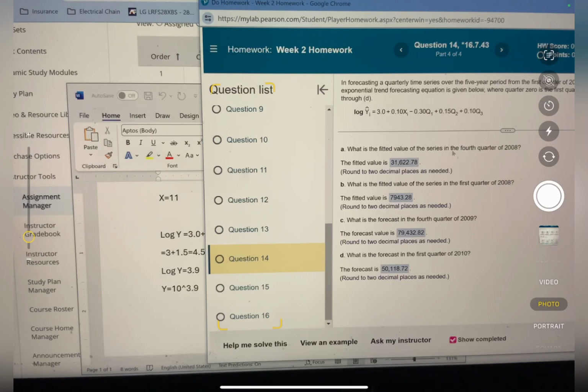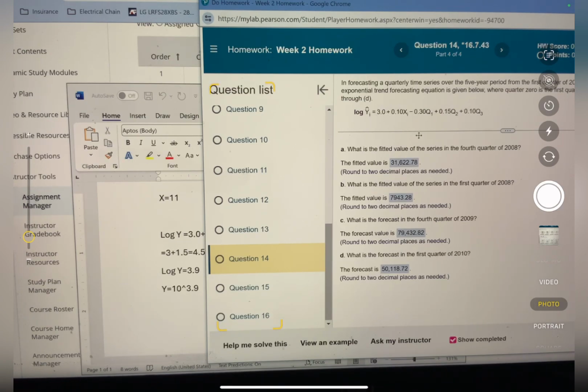Because it's the fourth quarter, Q1, Q2, Q3 are going to be 0. All you're going to do is 3 plus 0.1 times 19, and then take the logarithm, so y will be equal to 10 to the power of whatever you get here.